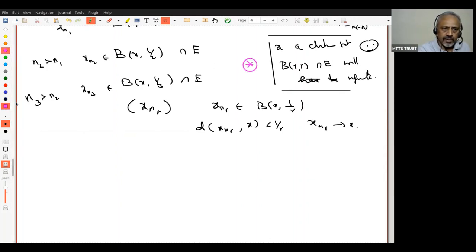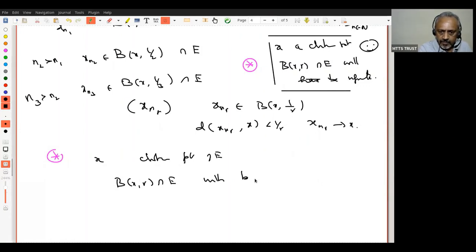This pink star, what does it say? If x is a cluster point, nothing to do with E, this is for any general case. If x is a cluster point of E, then B(x,r) intersection E will be infinite. Otherwise, what will happen?